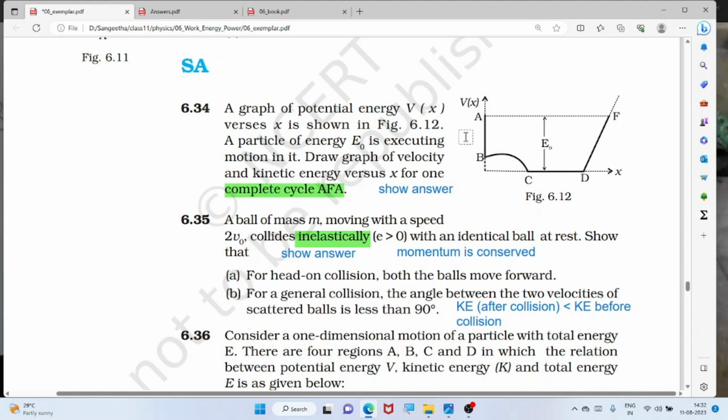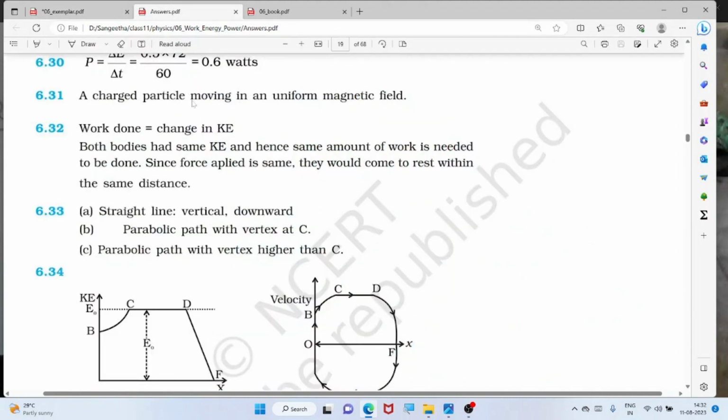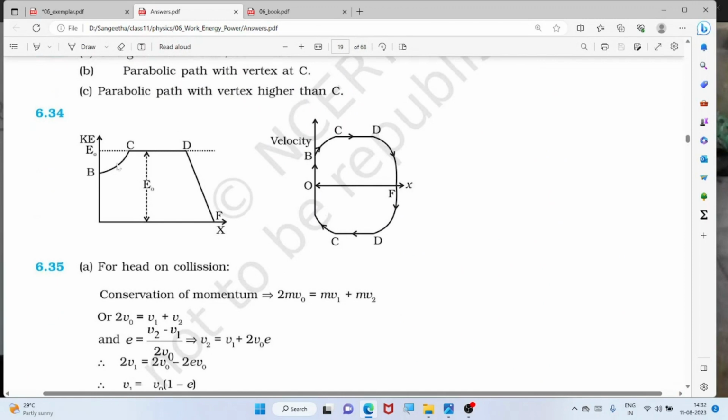We need to draw velocity versus distance and kinetic energy versus x for the complete cycle A to F and back to A. This one is the kinetic energy, this is velocity.